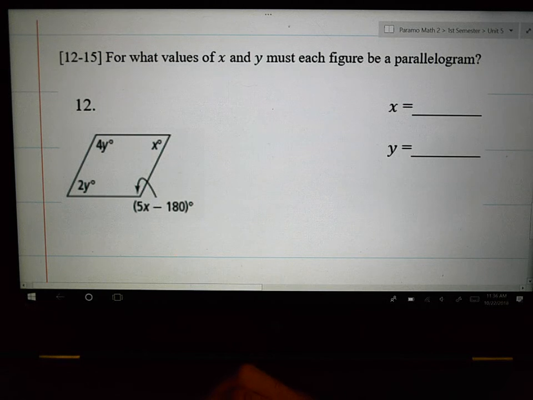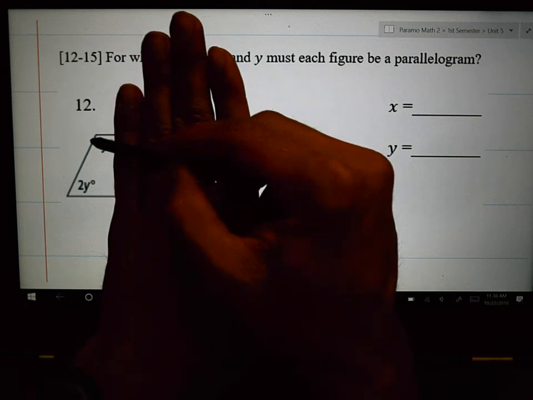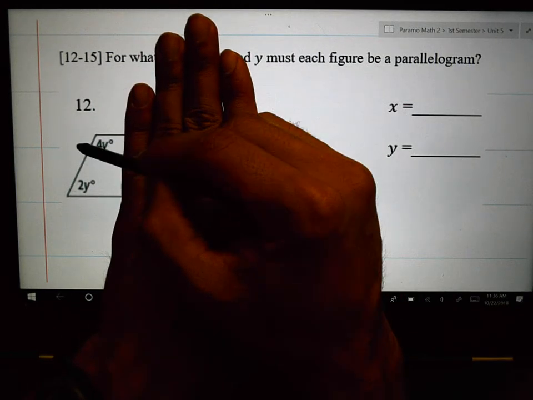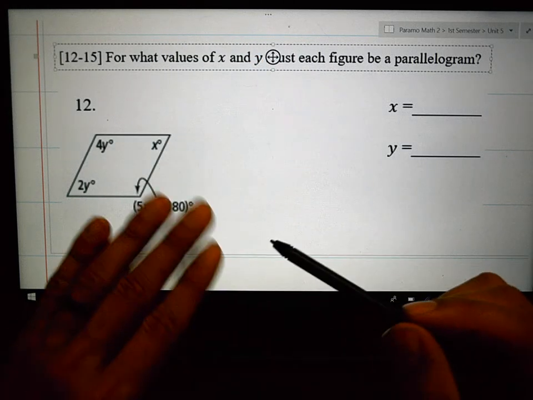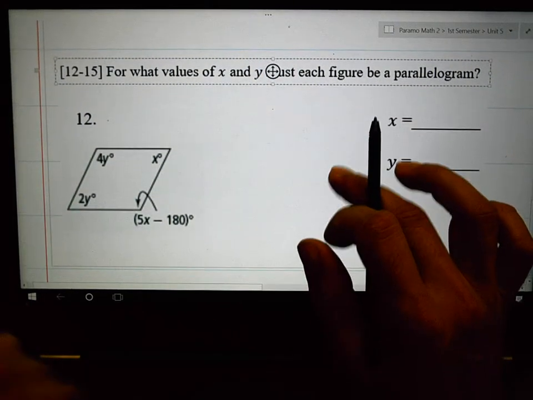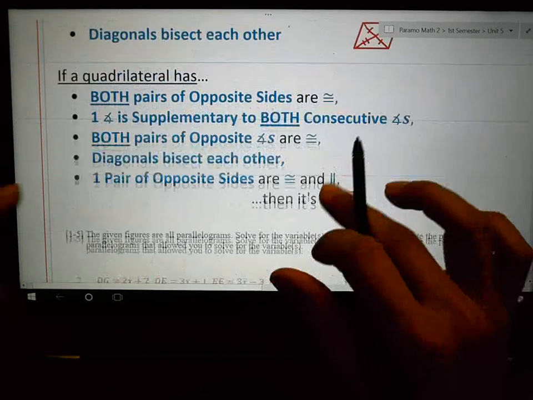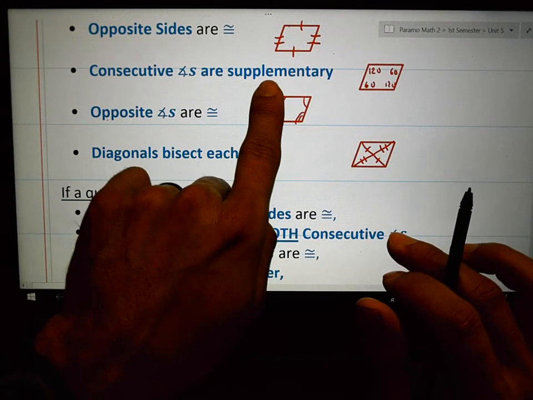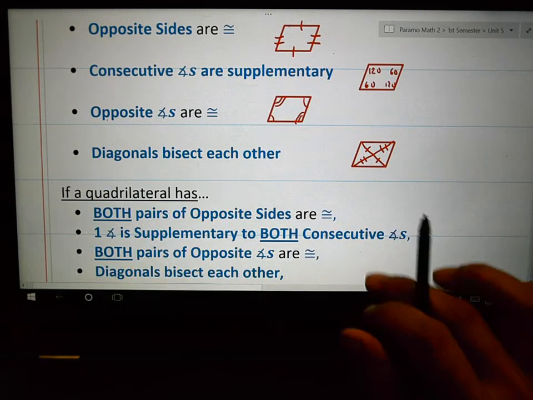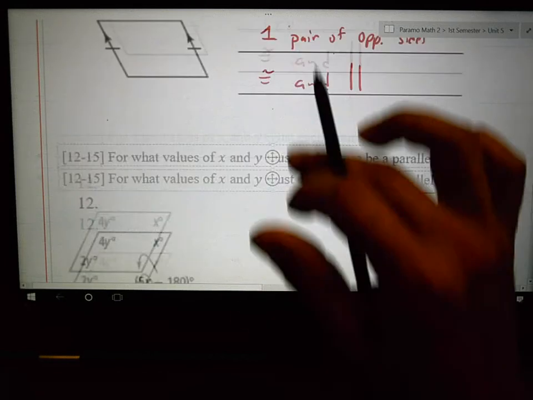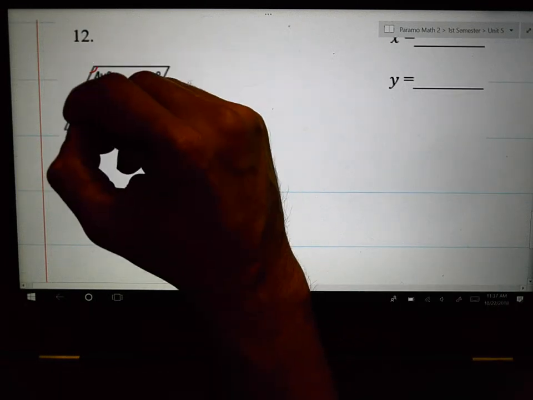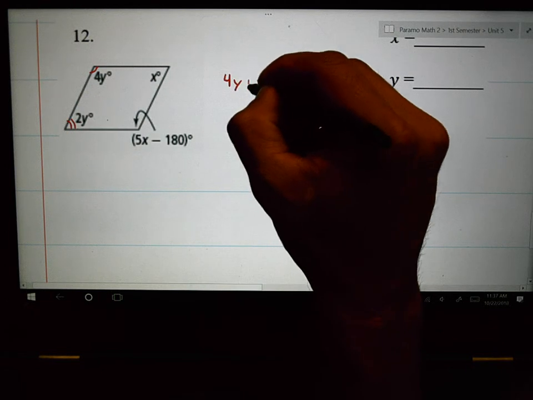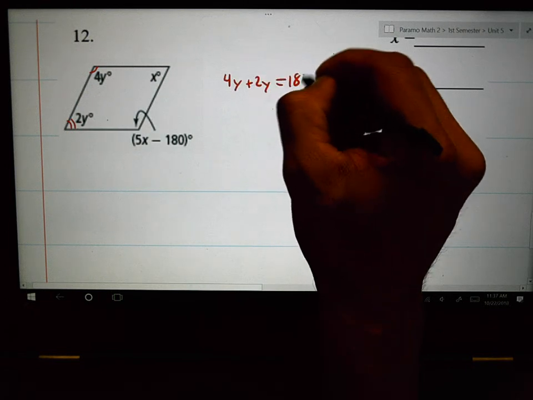So maybe I should just stick to these two sides here and call these consecutive angles. These consecutive angles are, it says it up in our notes, supplementary or adds to 180. Well, if that's the case, then that means that this angle here and this angle here should add up to 180 degrees.